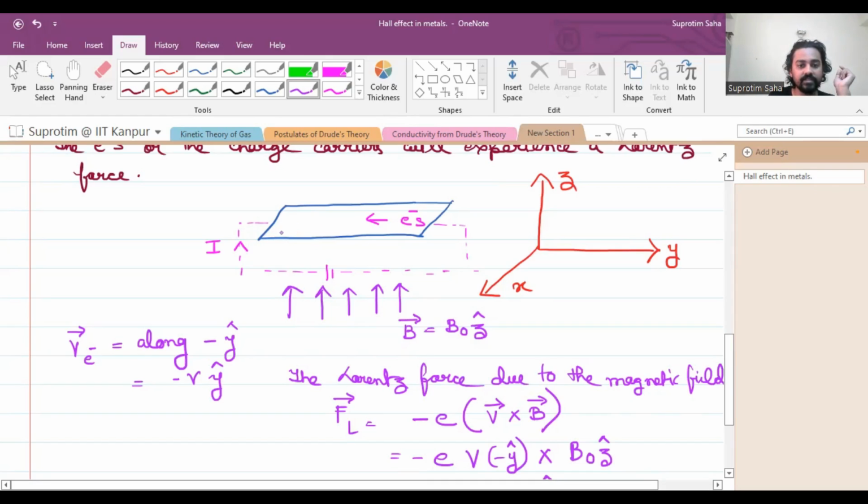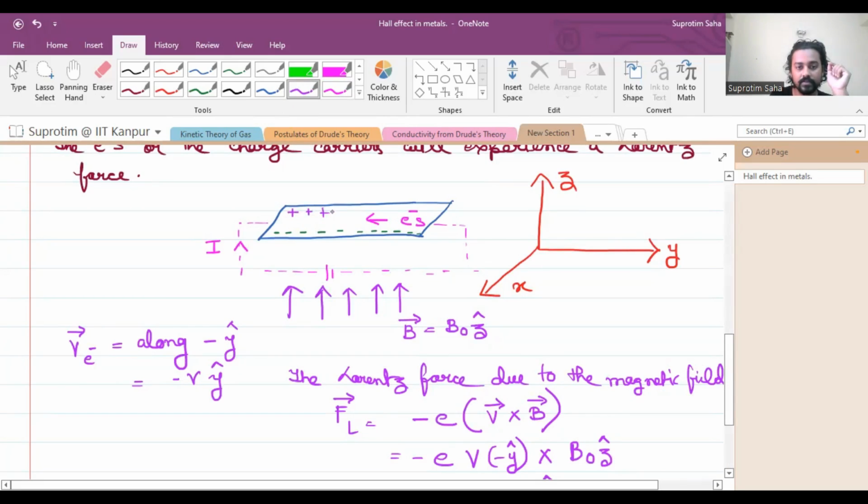So the charge carriers will move in this direction. The negative electrons will move along positive x, so there will be accumulation of electrons. All right. In lieu of that, there will be accumulation of positive charges also. The positive charges are on the other side.